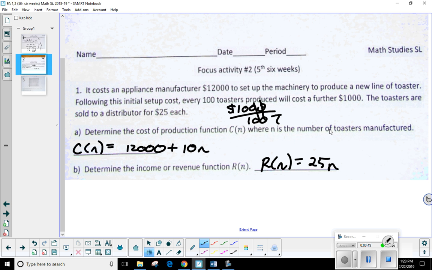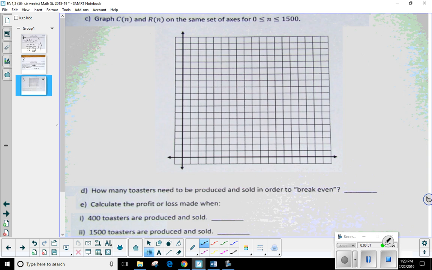Okay. All right, well, the next part here wants me to go ahead and graph those on the same set of axes, everywhere from 0 to 1,500. So let's see, the first one, 25n, I went ahead and counted these by ones: 100, 2, 3, 4, 500, 6, 7, 8, 9, 10, so that's 1,000, 11, 12, 13, 14.